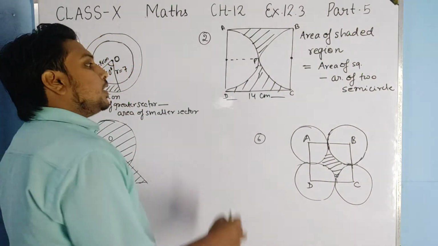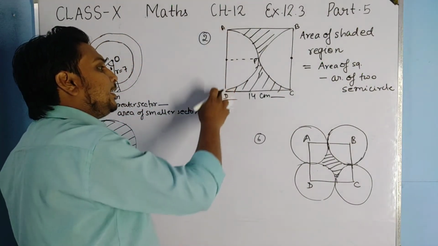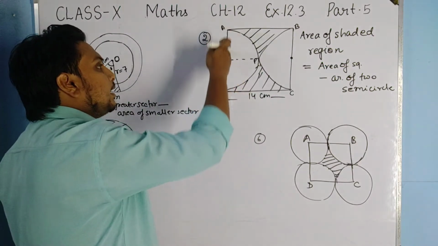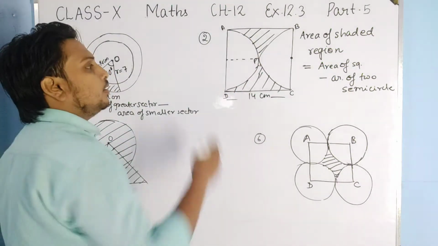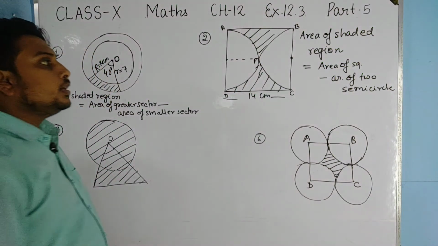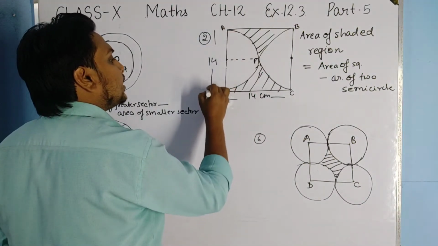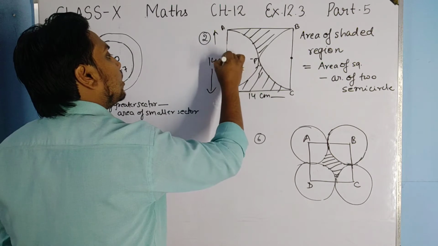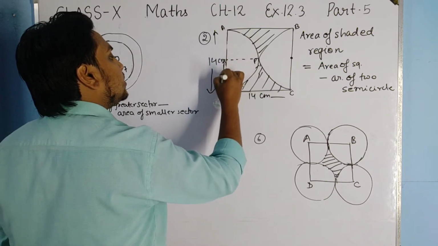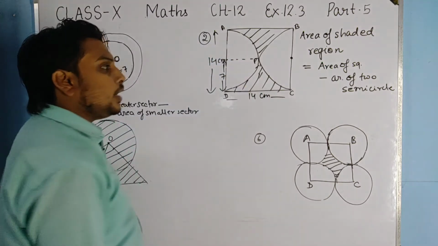Students, you can see that AD will be the diameter of this semicircle. If AD is the diameter of the semicircle and its length is 14 centimeter, then half of this distance will be the radius.